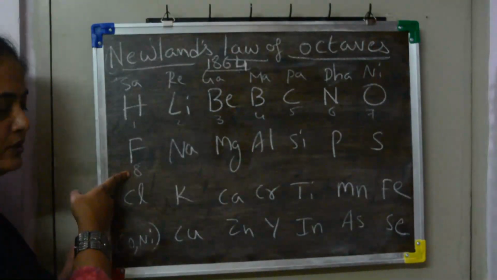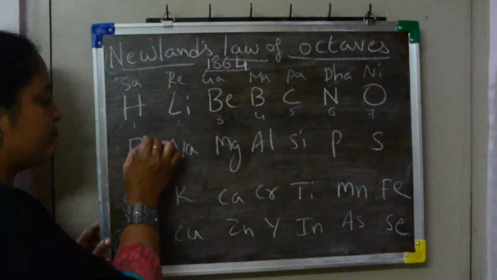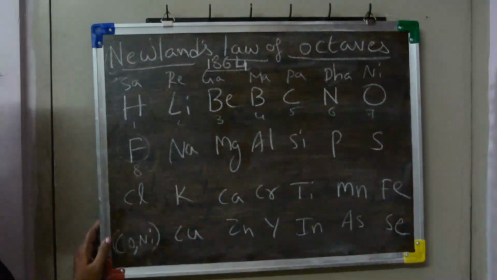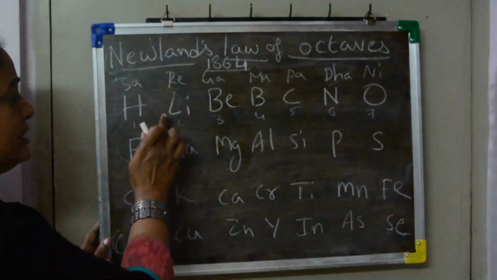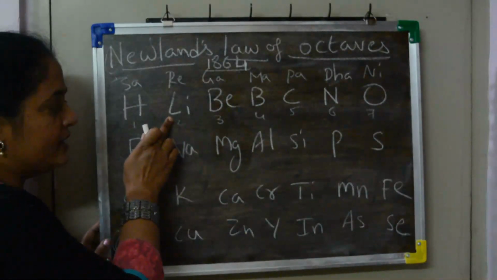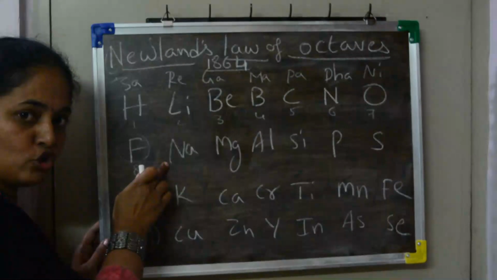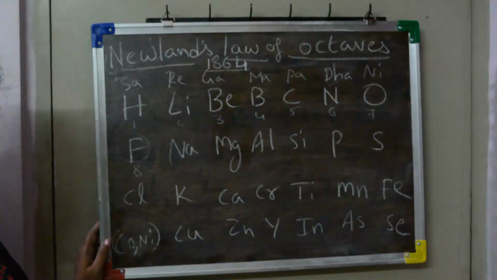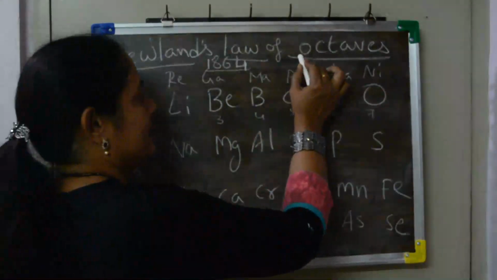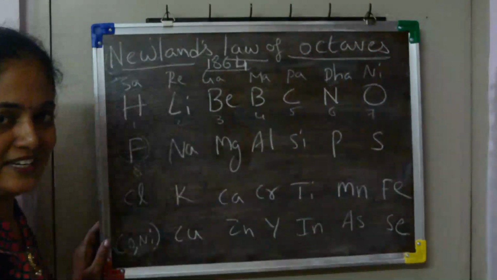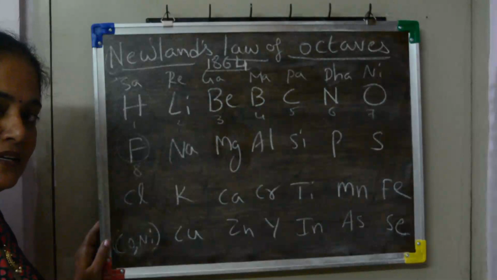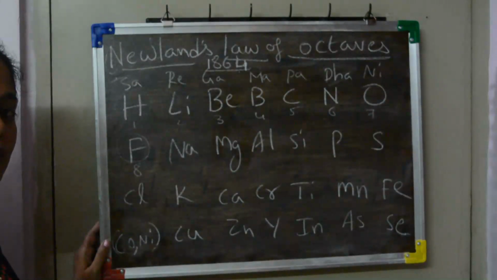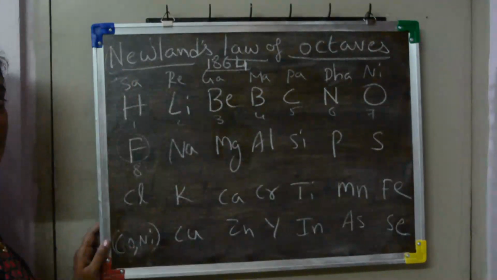And he understood that hydrogen and fluorine both have similar chemical properties. If you take lithium as the first element, lithium's eighth element is sodium, and both show similar properties. That's why he gave the name octaves. Octa means 8. Every eighth element shows similar properties like that of the first element.